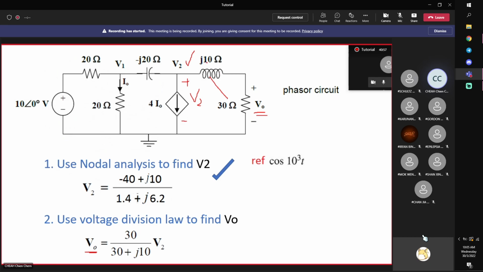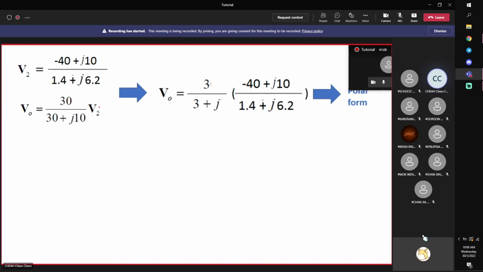So the next step is to substitute this into here. Multiply these two together, you get V0. So this is what I do. I substitute this whole thing into here, and then I get this one.